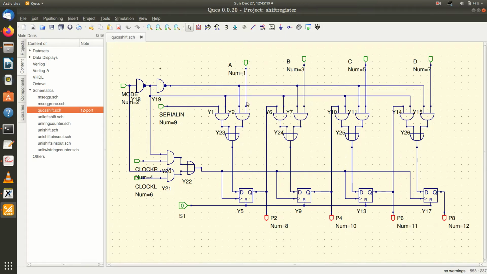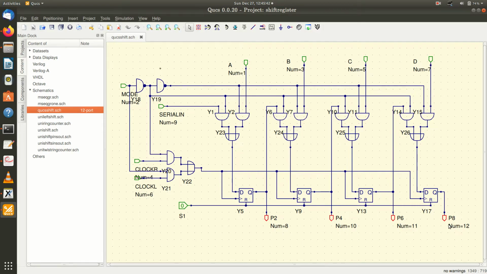Since the right AND gates are enabled, the parallel inputs I apply at A, B, C, D are applied to the D inputs, and the output you get at the Q outputs, which I can take out in parallel through the P2, P4, P6 and P8 ports.